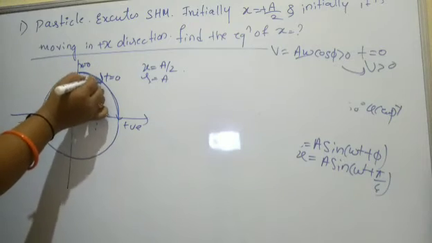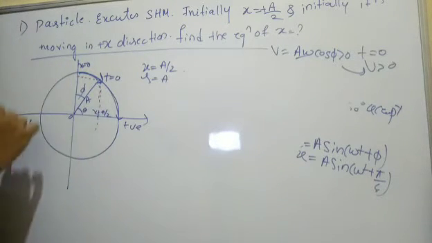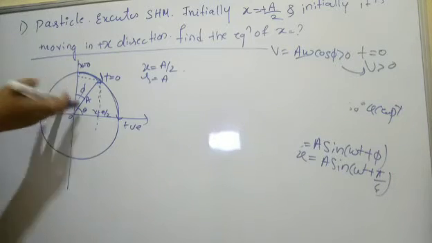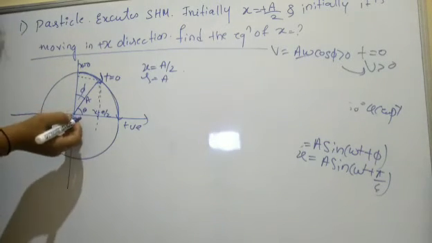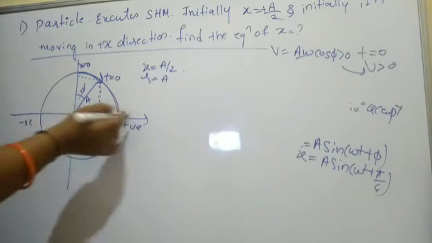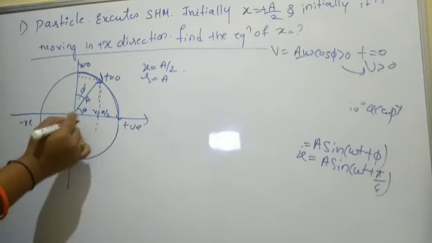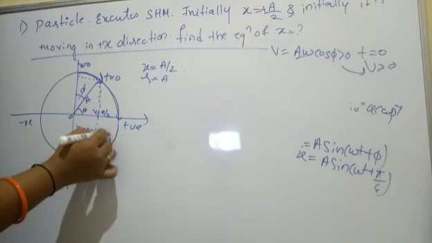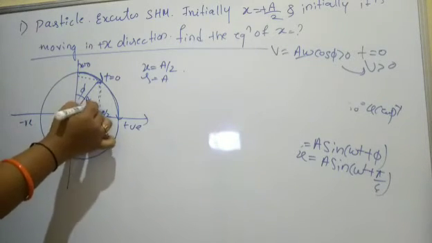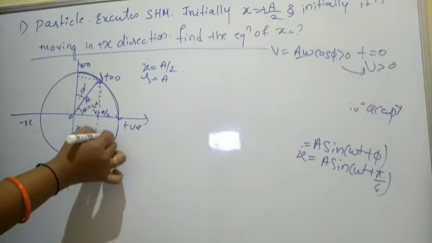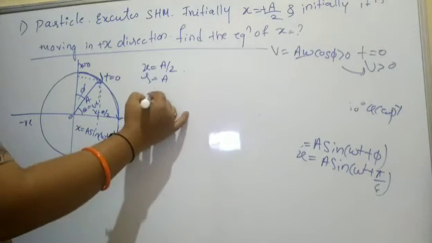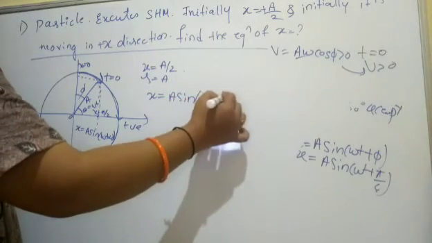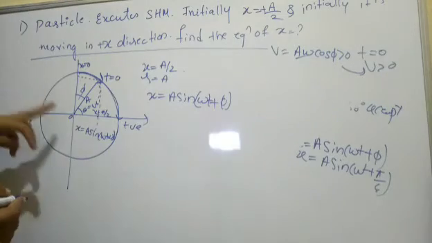So look at the projection. This part we don't want, because it is not needed. The projection with the diameter is what we need. What is this? x is equal to a sine omega t plus phi. This is omega t, omega t plus phi here. Now x is equal to a sine omega t plus phi here.